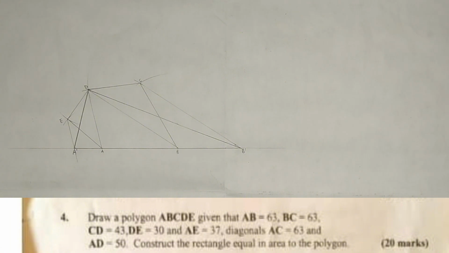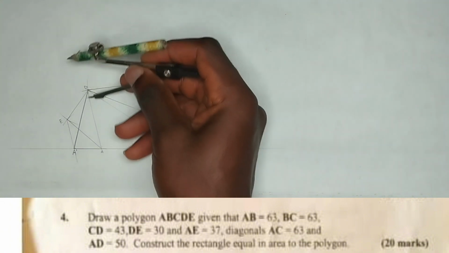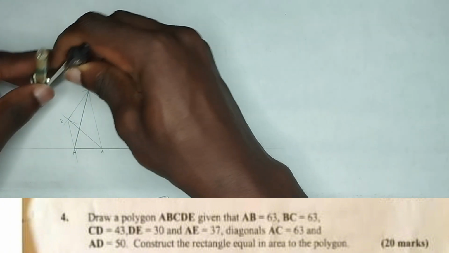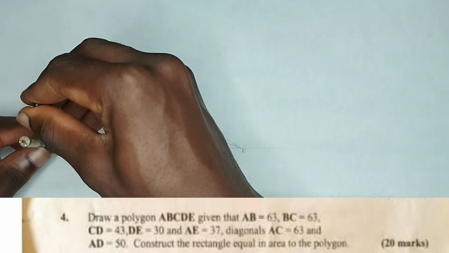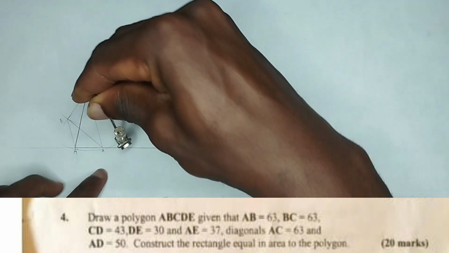So in order to draw the rectangle, we are going to take our compass and draw a perpendicular line to meet the baseline, from point D. So I'm just going to pick my compass in order to draw the perpendicular line. I'm going to extend it in a way that I know that it is going to cut through this.